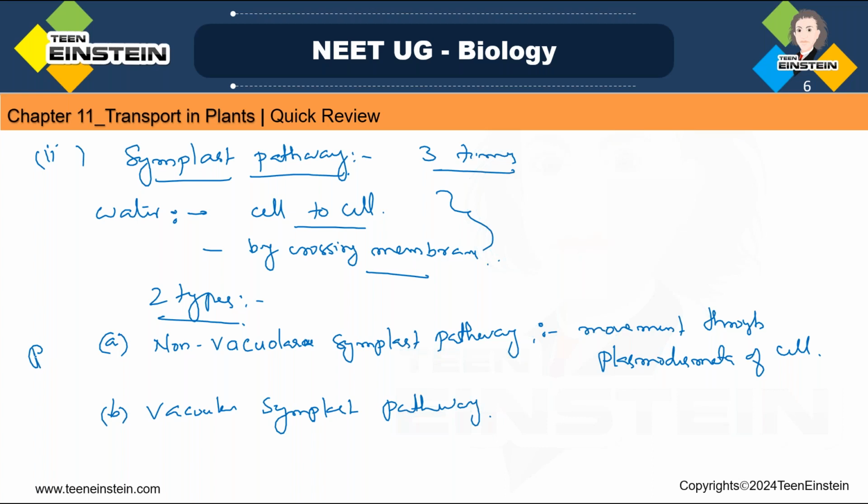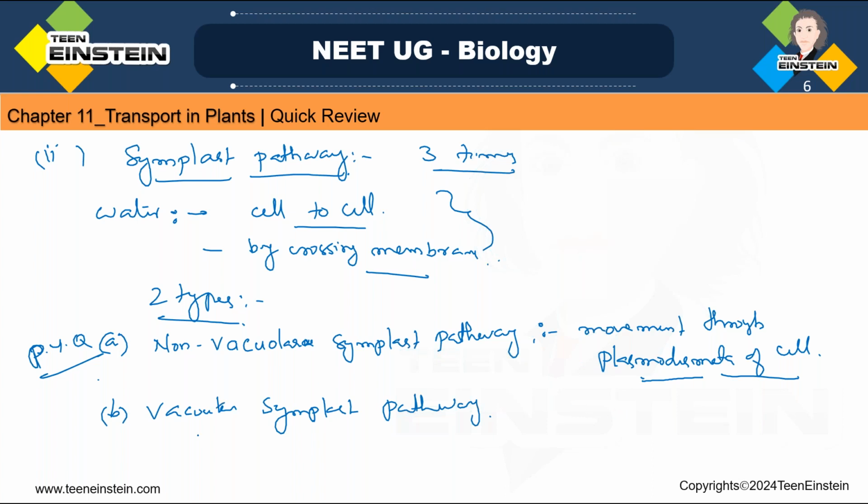Both are previous year questions. In the non-vacuolar symplast pathway, movement occurs through plasmodesmata. The question asked about the movement of water, and the right option is plasmodesmata of cells.